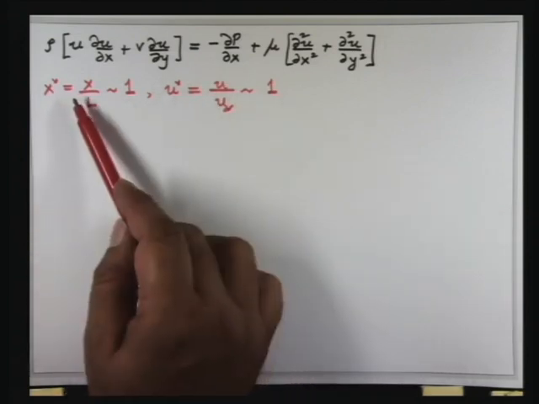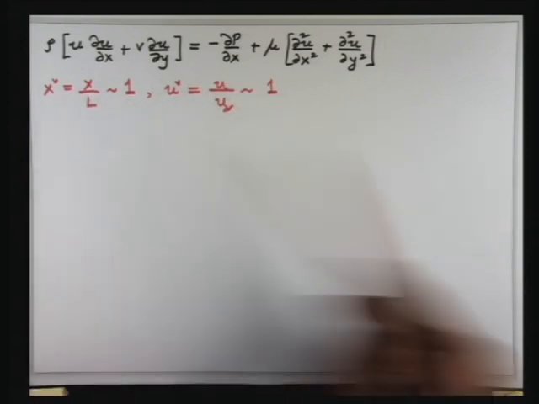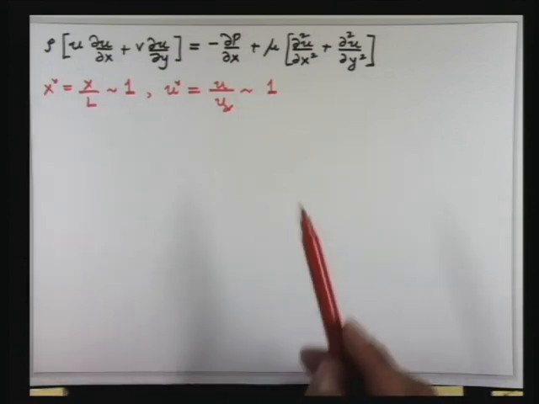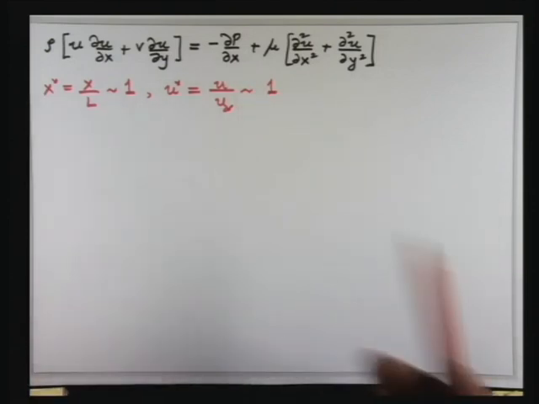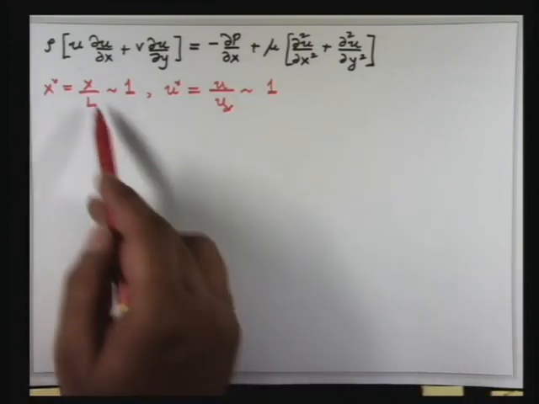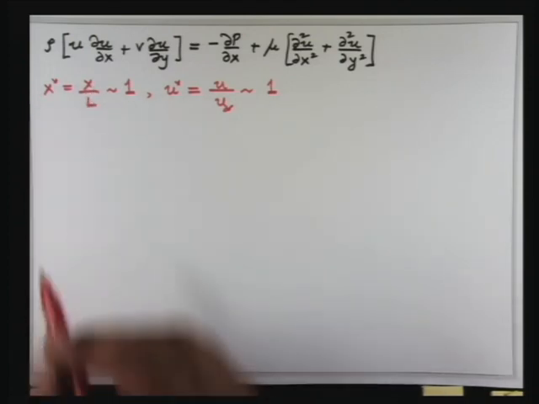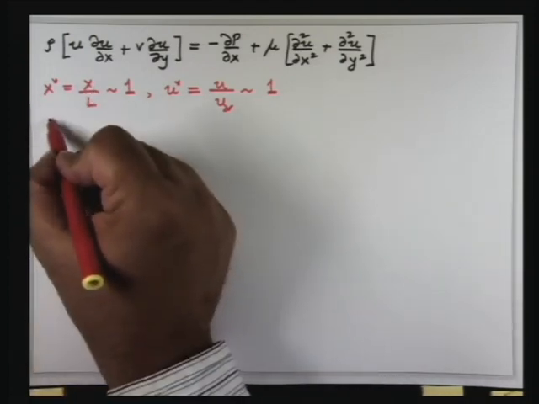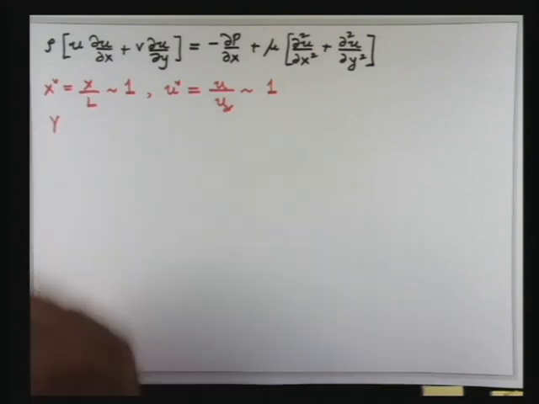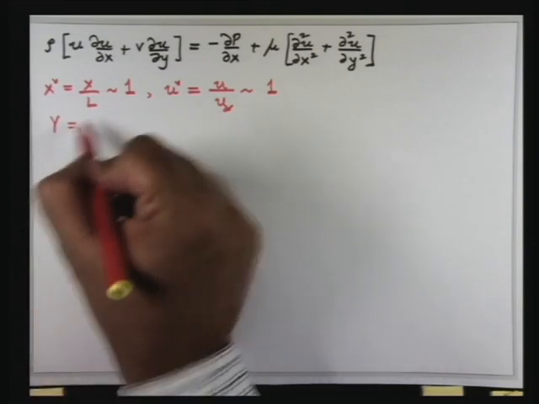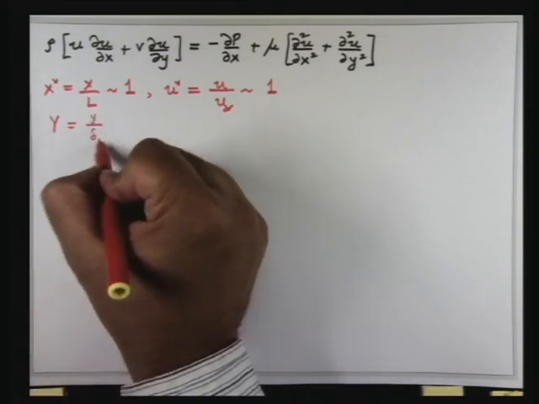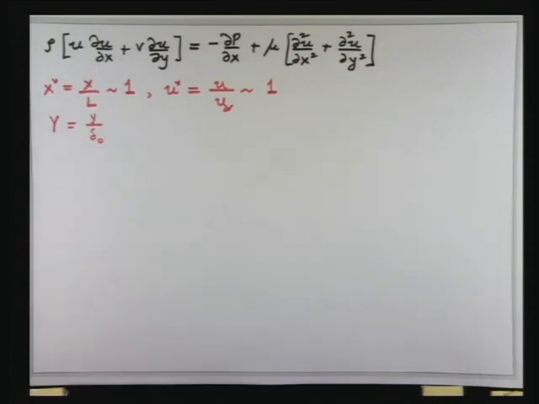Here you have a plate of length L and x is a coordinate along the plate. So at a typical point near the plate, x is order L, so x star is order 1. Now, in the boundary layer, we said capital Y is y by delta naught, but delta naught is the thickness of the boundary layer, which is unknown.